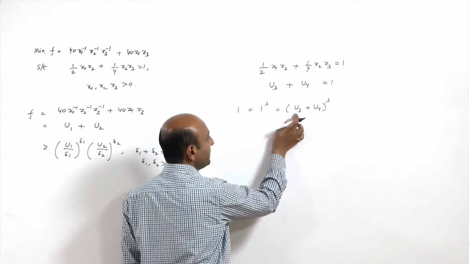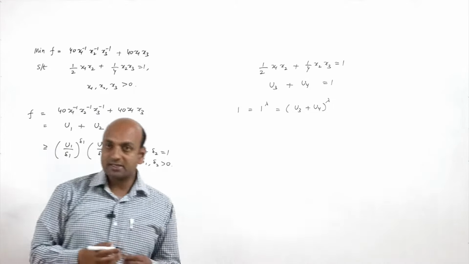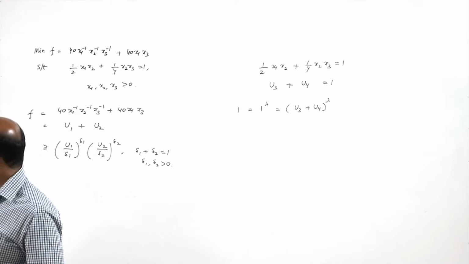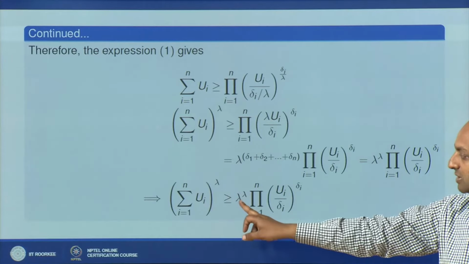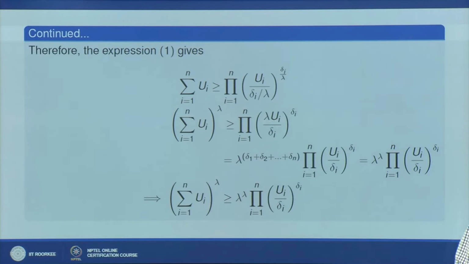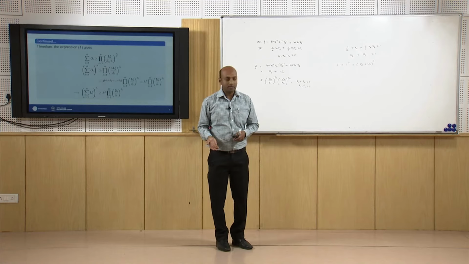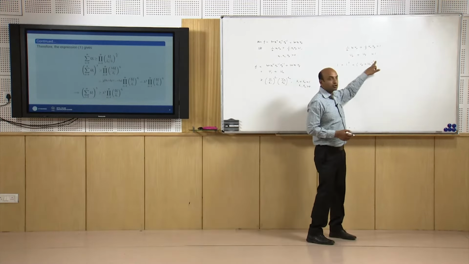And we just now discussed in the slides also that (sum of u_i's) whole raised to power lambda is always greater than or equal to lambda raised to power lambda into product of (u_i upon delta_i) whole raised to power delta_i, where sum of delta_i is lambda. So, this is (u3 plus u4) whole raised to power lambda.